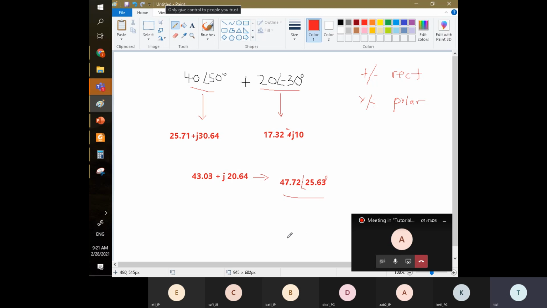I hope you understand this practice, why we need to convert to rectangular form: because it's a plus. I'm going to give you another one using multiplication or division. One example is enough. Let's look at the next example.